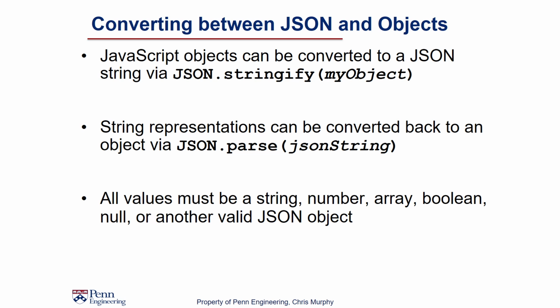When I want to convert between the JSON representation and an actual object, I can use one of these two functions. If I have an object and I want to convert it to a JSON string, I can use the stringify function. And if I have a stringified JSON object and I want to convert it back to the original object, I can use parse.